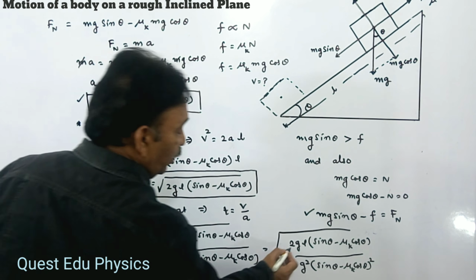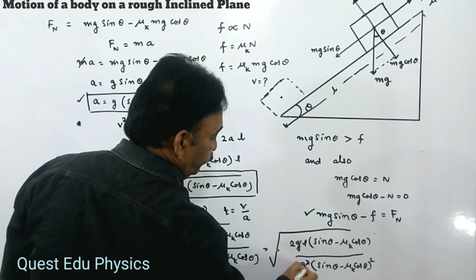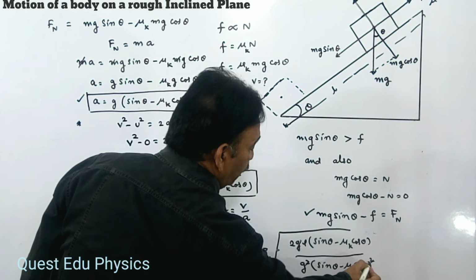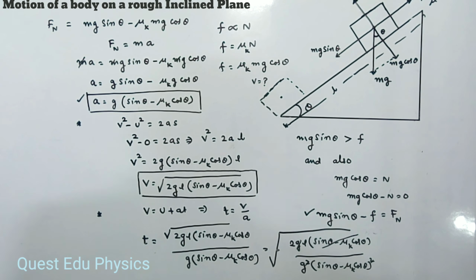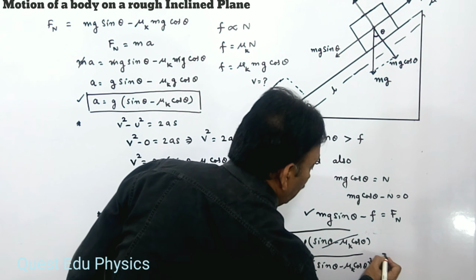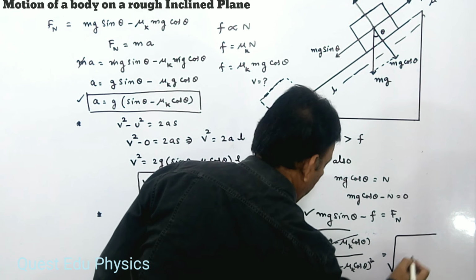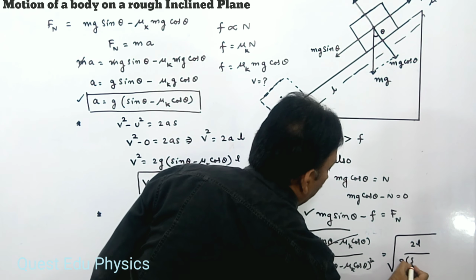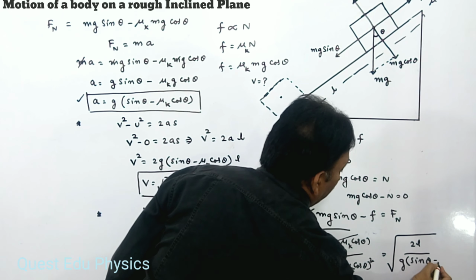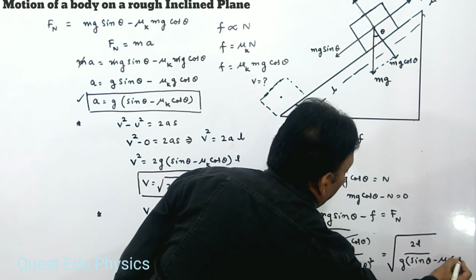Okay students, where g gets cancelled and the square gets cancelled with this. And finally we have the equation, it is equal to under root of 2l by g into sine theta minus mu k cos theta.